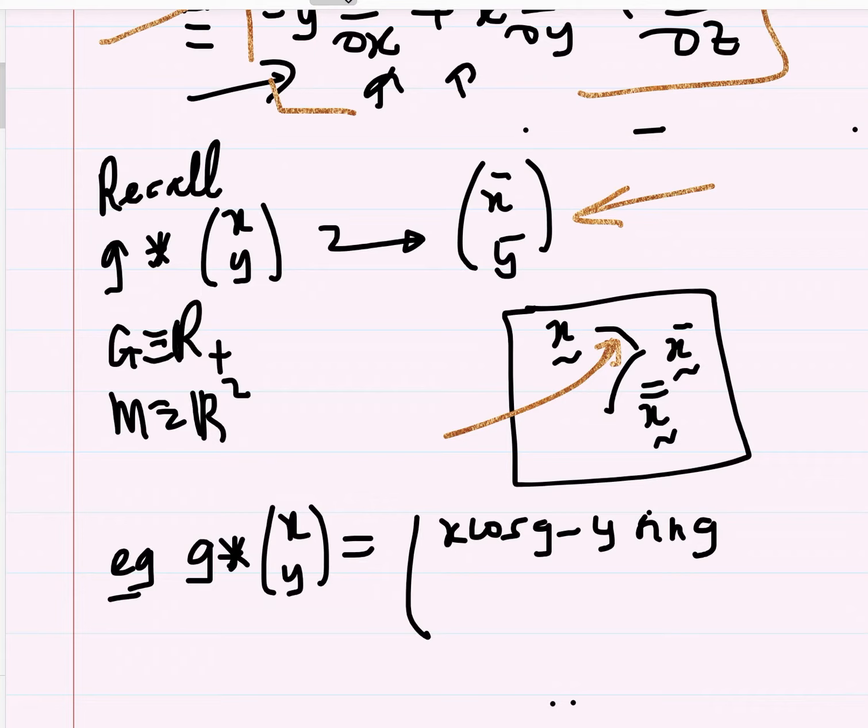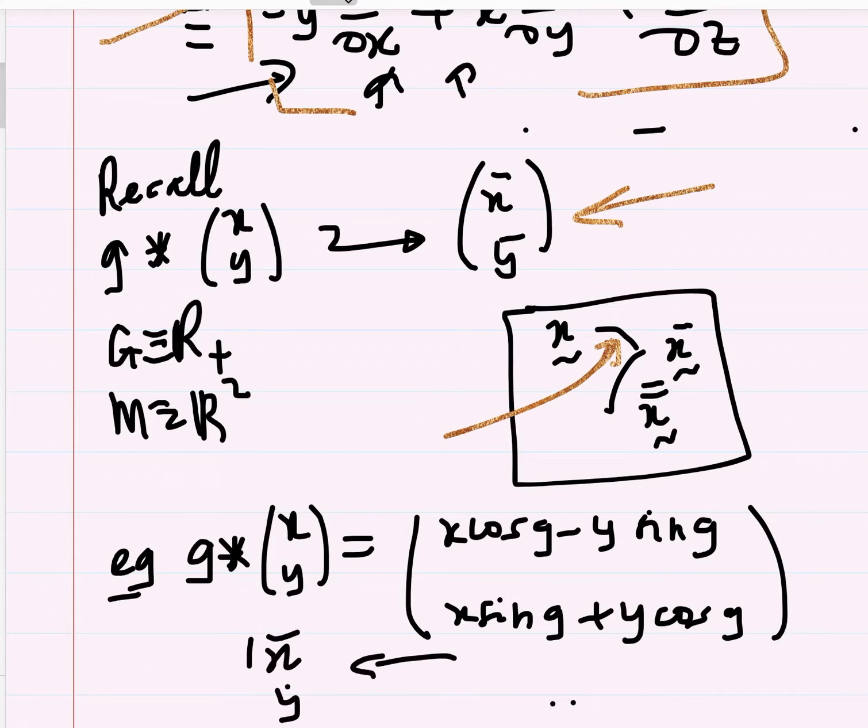Sorry, I got it wrong earlier. So this is x bar, and y bar was then x sine g plus y cos g. So this is in fact your x bar, y bar, your new point on the manifold.